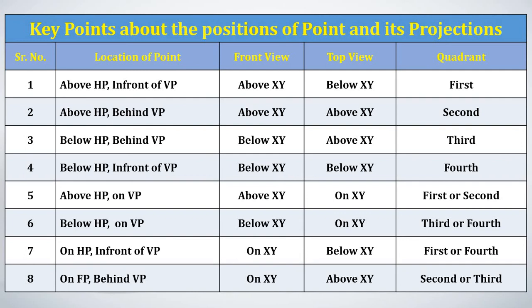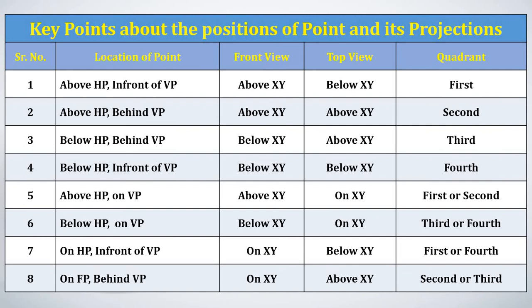Third, if below HP and behind VP is the position given, then the front view will be below the XY line and the top view will be above the XY line, and it lies in the third quadrant. If the position is below HP and in front of VP, then the front view will be below the XY line and the top view also below the XY line, and the point lies in the fourth quadrant.